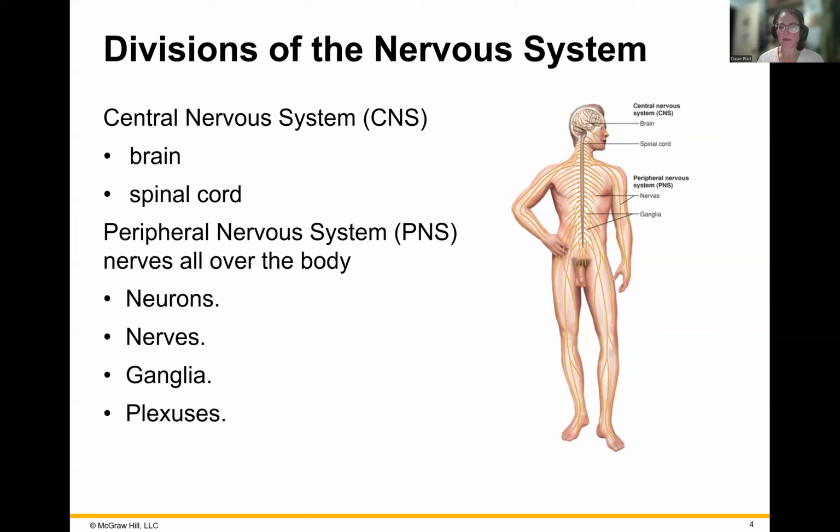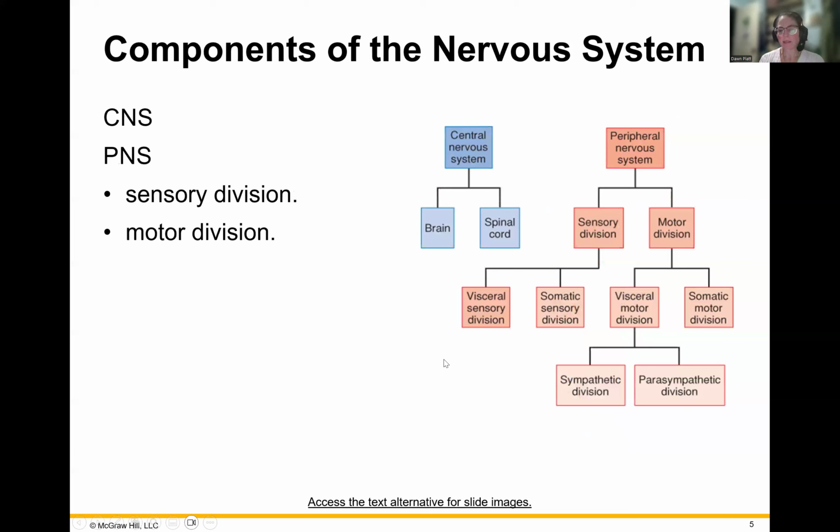And you can see the peripheral nervous system, all those nerves going down to the tips of our fingers and the tips of our toes. In the central nervous system, again, it's just the brain and the spinal cord, but in the peripheral nervous system, we have several different divisions. It branches off. You can see here where we have a sensory division and a motor division.